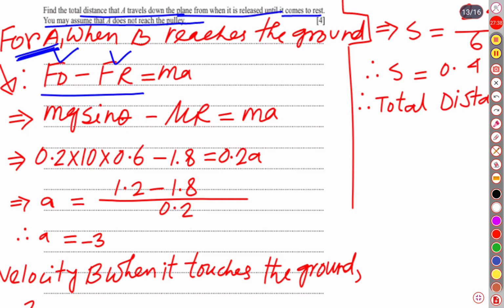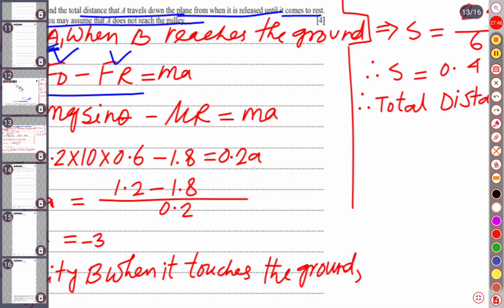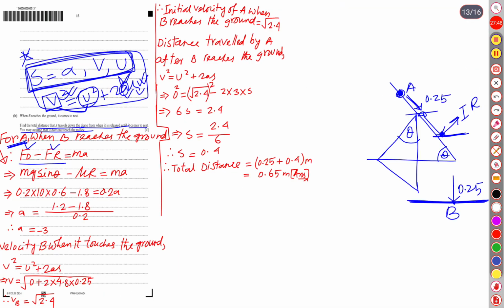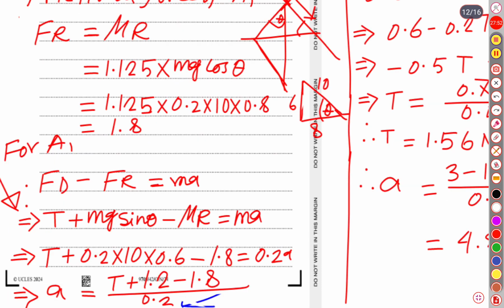I told it wrong. For a, the driving force is from the previous question, we have solved it, it's exactly the same. Let me show you. It was for a, look at this. For a, driving force minus resistance force is equal to ma.